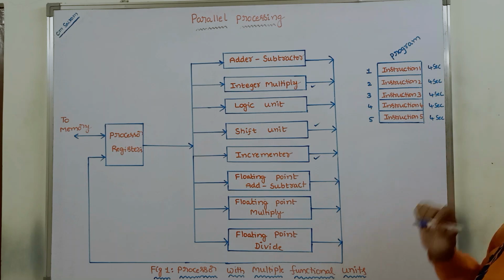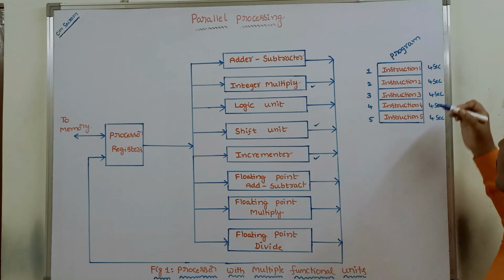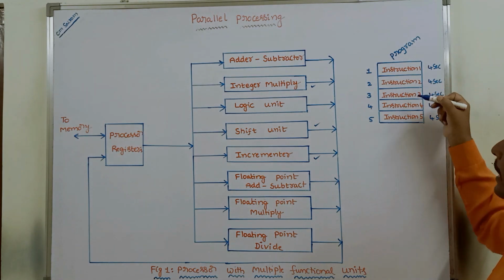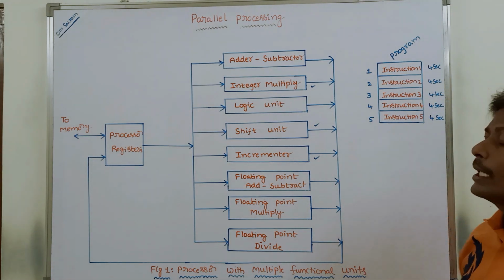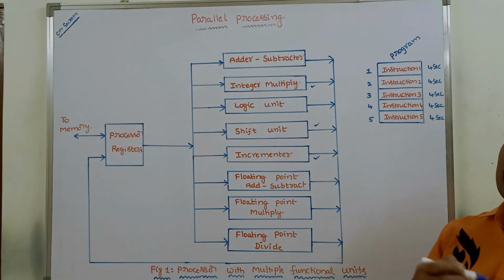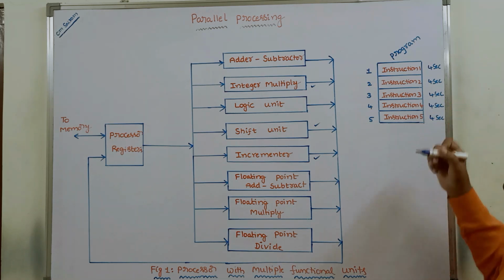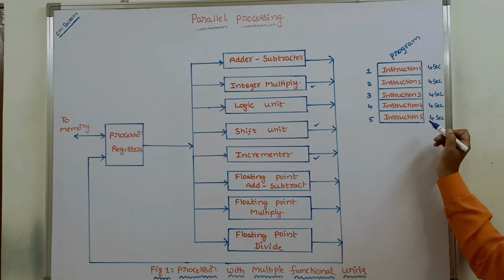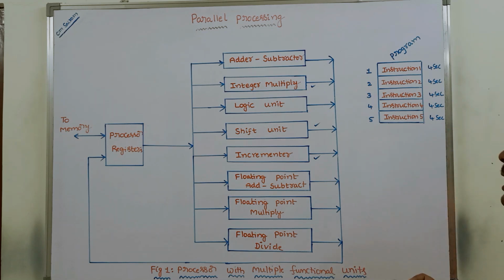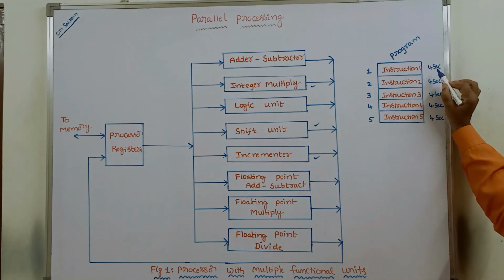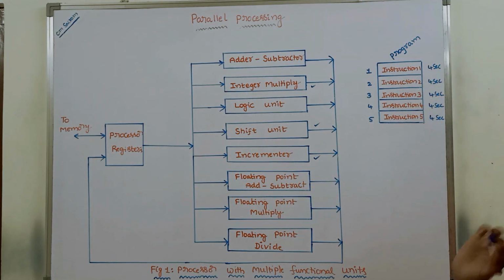Once one instruction is successfully executed, then we have to start the second instruction. When it is successfully completed, we have to start the third instruction, then the fourth, then the fifth. In serial or sequential processing, to execute one instruction, it can take 4 seconds.